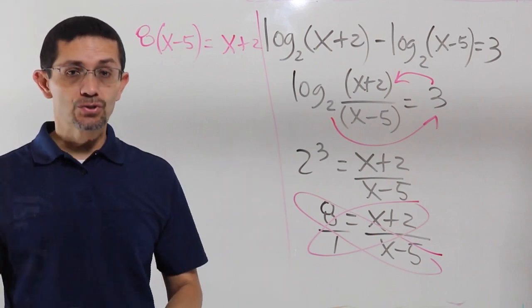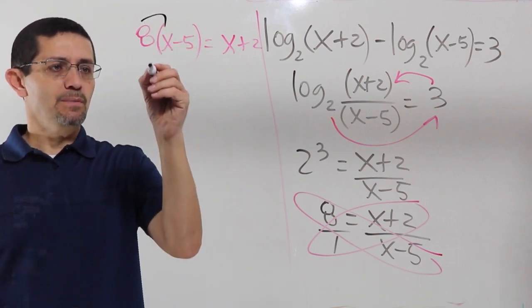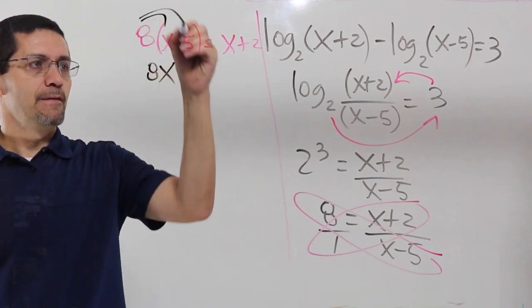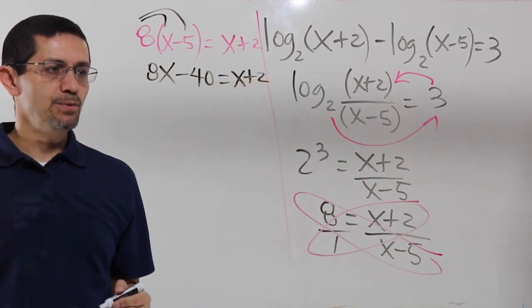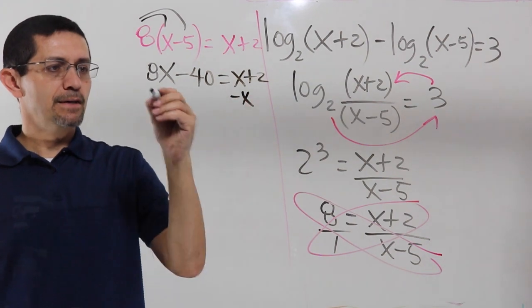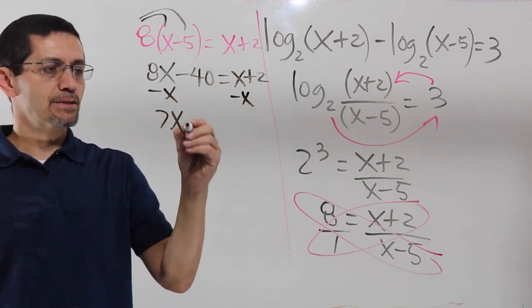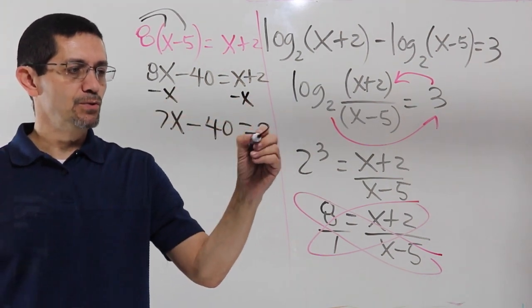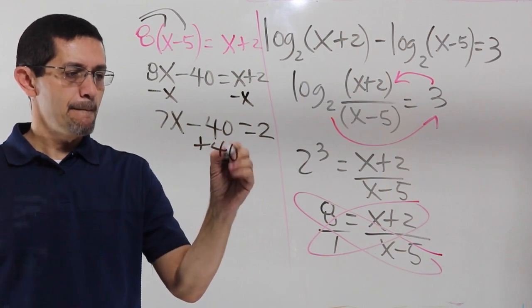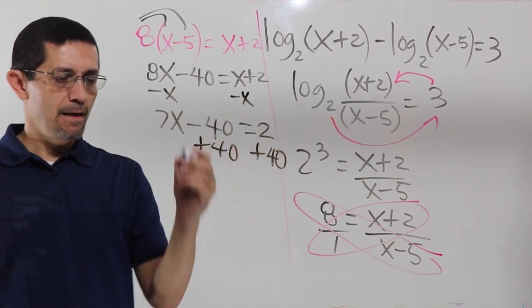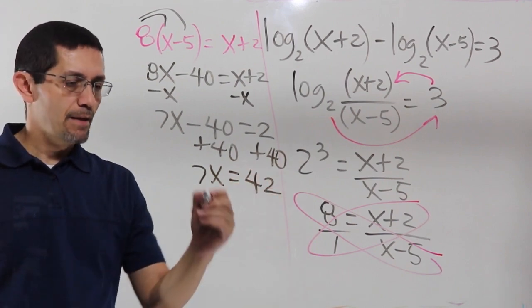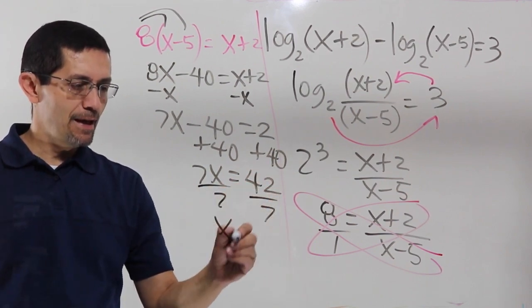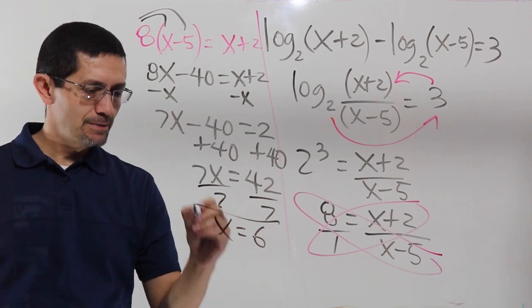And from there, just solve. That's going to give me 8x minus 40 equals x plus 2. Subtracting x, that's going to give me 7x minus 40 equals 2. And then I have 7x equals 42. Divided by 7, x equals 6.